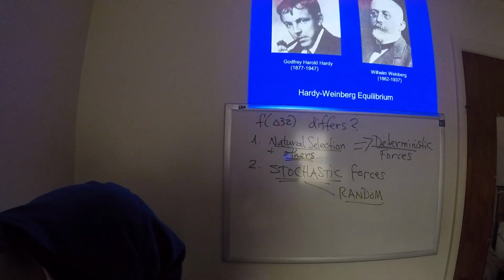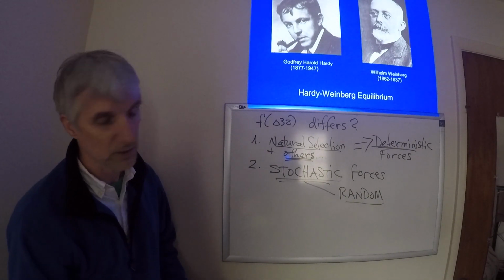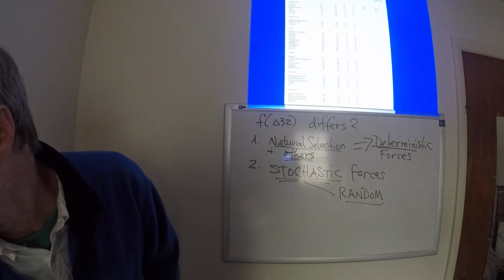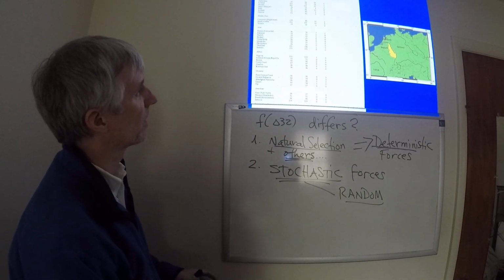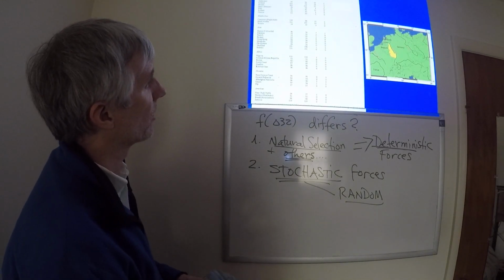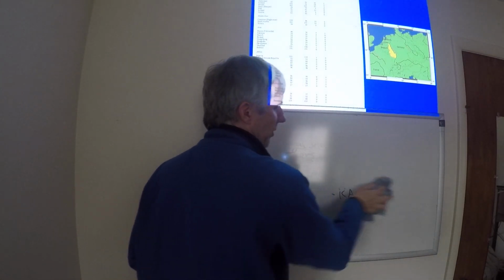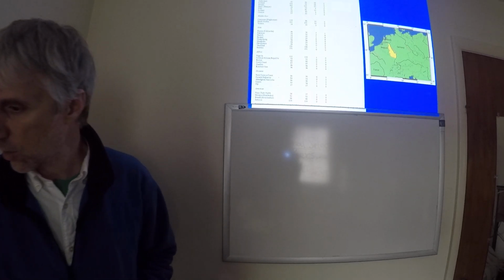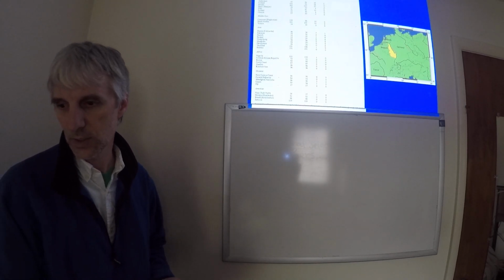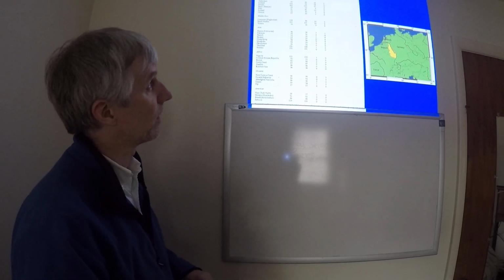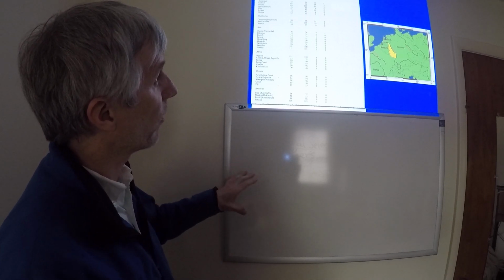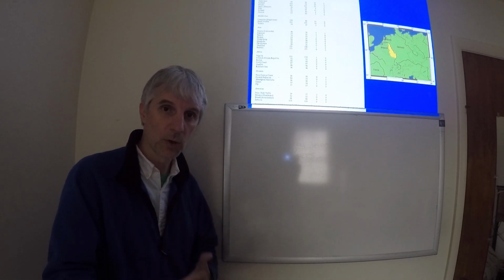And what I want to do is just go through here and show you how to take a population and pull out its allele frequencies. And that will be important for what we're going to be doing.